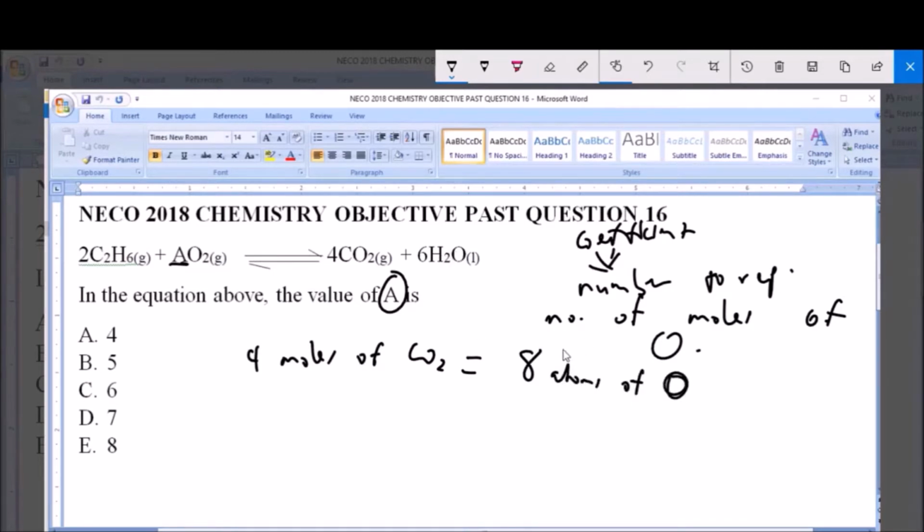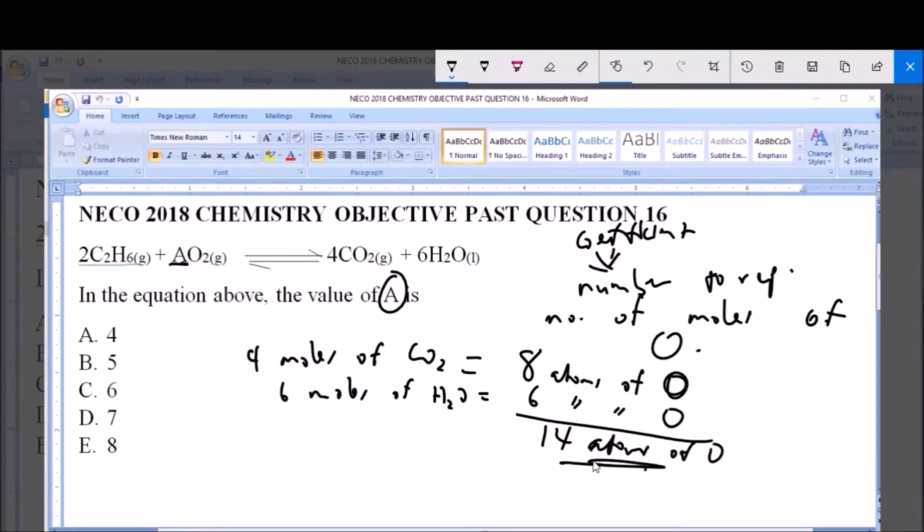And then in 6 moles of water, you have 6 atoms of oxygen. So 8 plus 6 is equal to 14 atoms. So you have 14 atoms in total on this side. So in order for the reaction to be balanced, you must have 14 on this side.